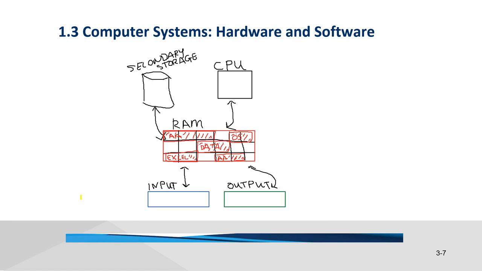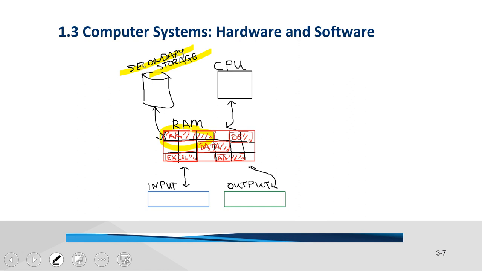Putting it all together gives us a model like this. When we open a program, that program is stored on some secondary storage device, and portions of it are loaded onto RAM. Maybe we open Adobe Acrobat.